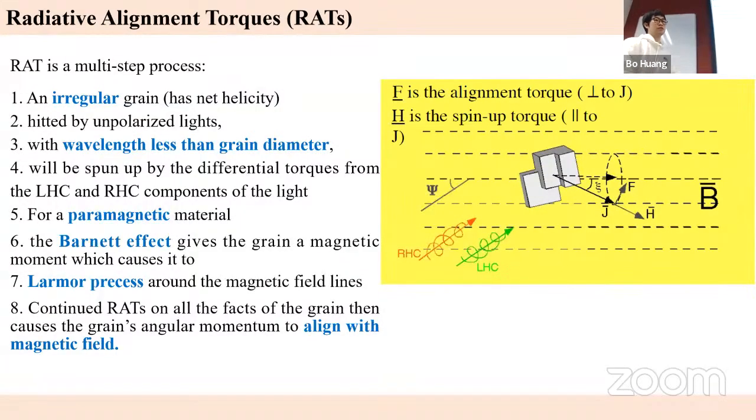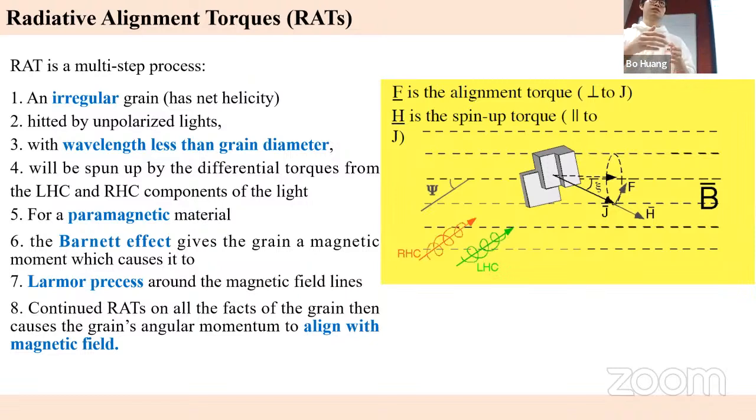I would like to introduce a mechanism called radiative alignment torque, which causes the dust grain to align with the magnetic field. This is a multi-step process. If you shine light on an irregular grain, the left-hand circular and right-hand circular components of the light will be scattered differently.